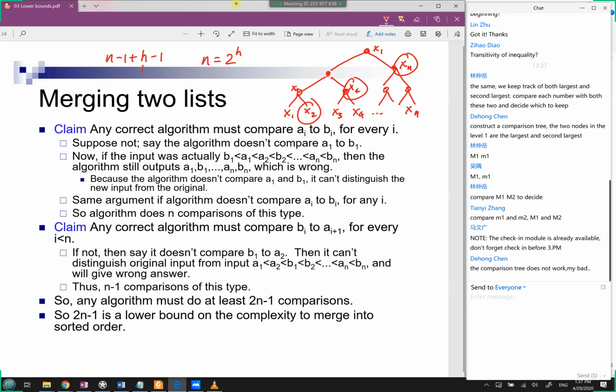And here, h is going to be equal to log base 2 of n. In general, it's actually going to be the ceiling of this. So the number of comparisons you need to do is n plus the ceiling of log base 2 of n, minus 2.